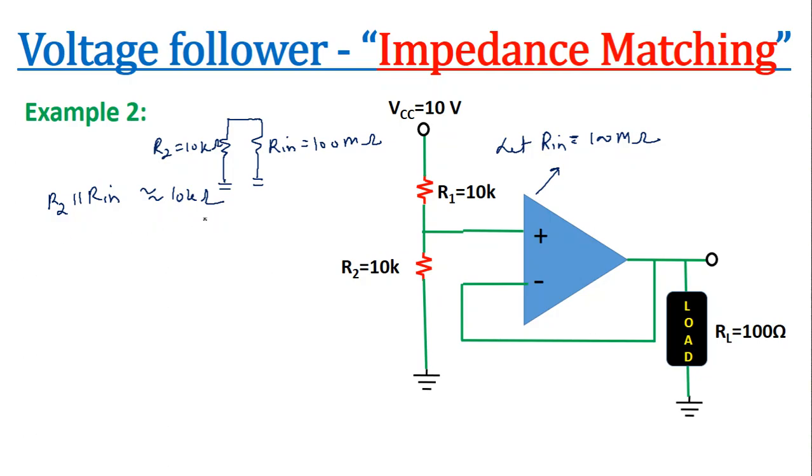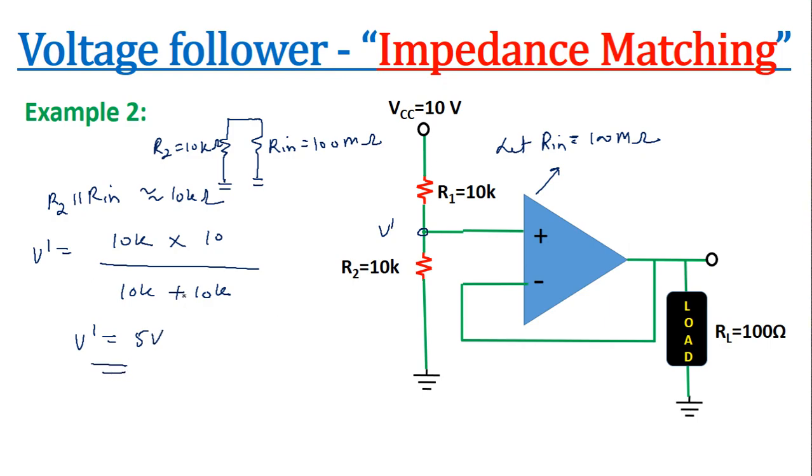So after finding this R2 and Rin combination of 10 kilo ohm, if we find V dash voltage here, by voltage divider rule, V dash is equal to 10k into 10 volt, divided by 10k plus 10k. So V dash is approximately 5 volt.